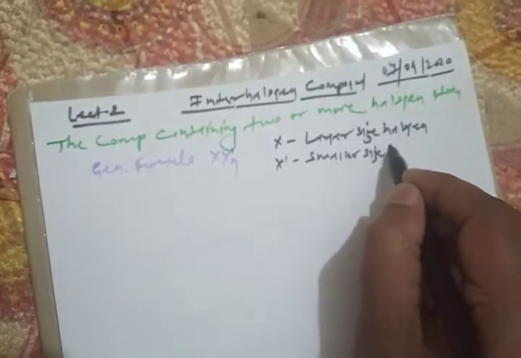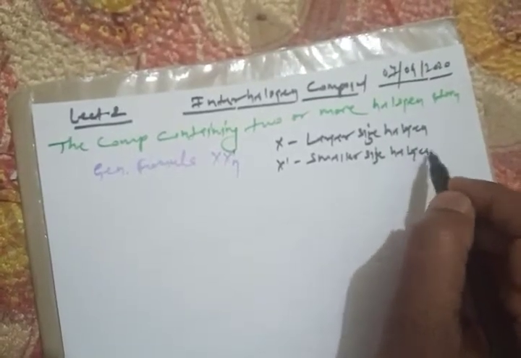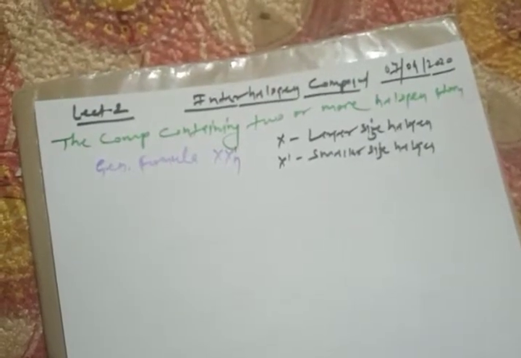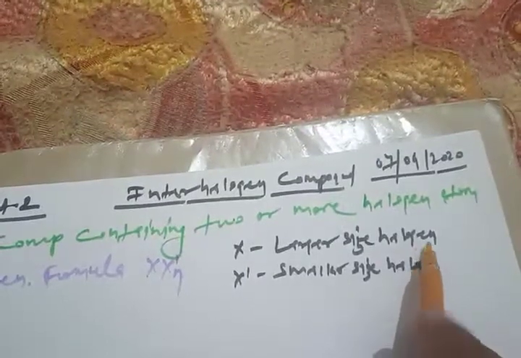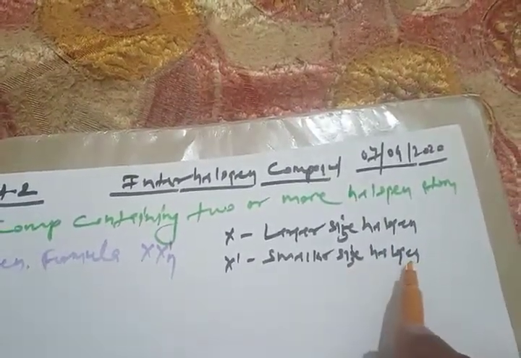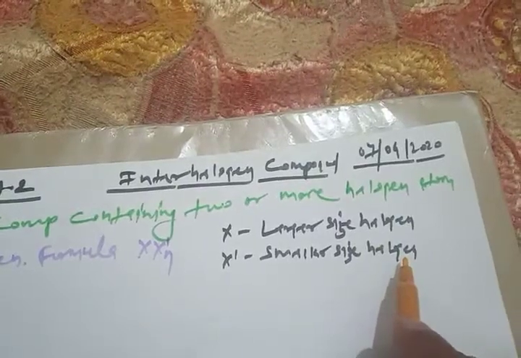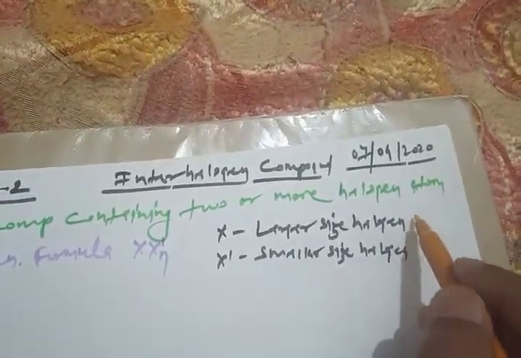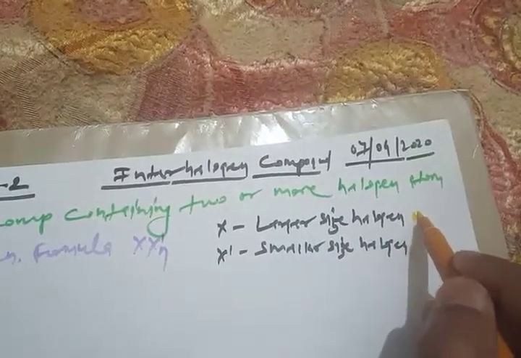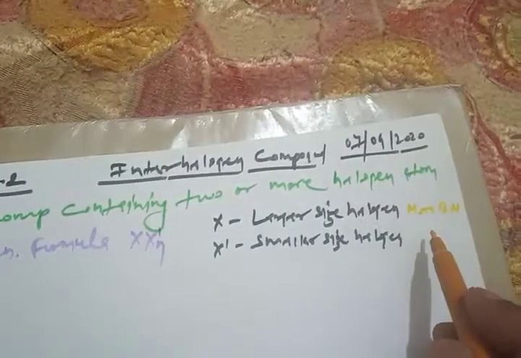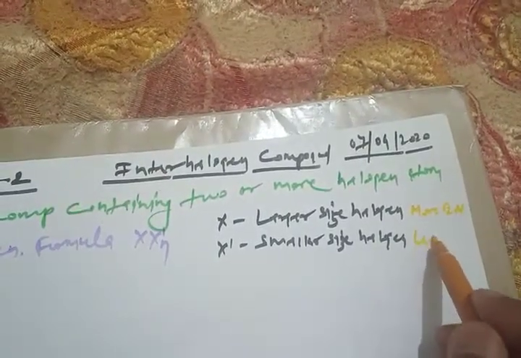So the larger size halogen is X and the smaller size halogen is X'. The larger size halogen will be less electronegative, and the smaller one will be more electronegative.